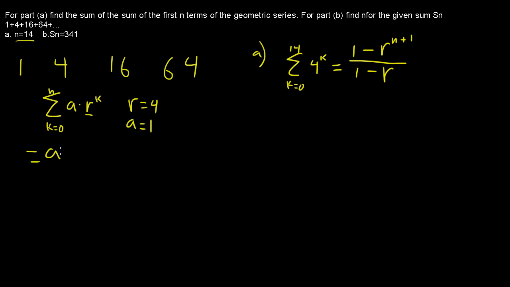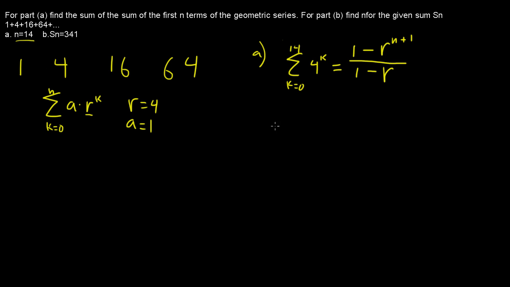There's going to be an a out in front, so if you have some a value, it's a times 1 minus r to the n plus 1, divided by 1 minus r. This is just what the general equation looks like, but for our case we don't have an a, so this is what we're using.